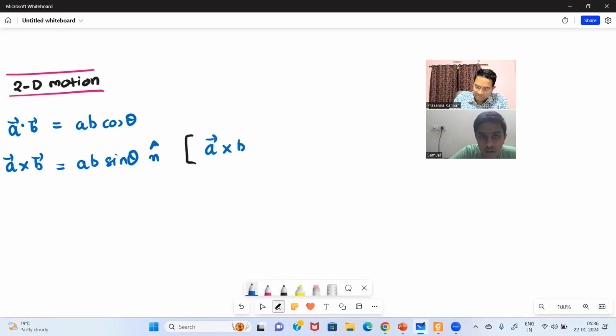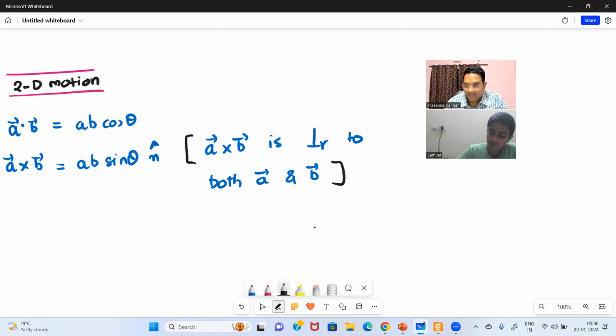Did I say that A cross B is perpendicular to both A and B, and it is perpendicular to the plane containing A and B? Yes. So if A and B are in the XZ plane, then A cross B will be on the Y axis. If A and B are on the XY plane, then A cross B will be on the Z axis. So basically what needs to be known is that it is perpendicular to both A and B.